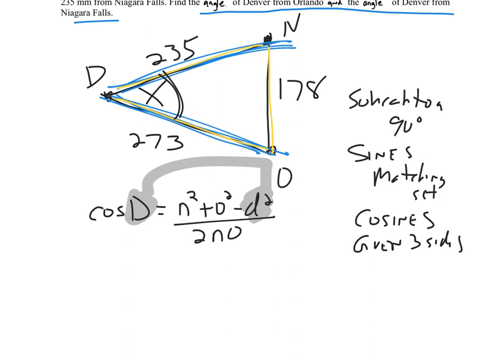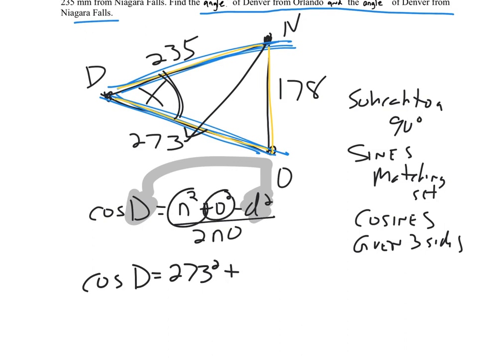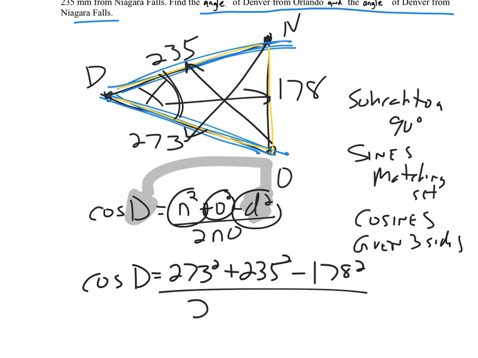So here I'm going to have the cosine of d equals n squared, so that's going to be the side opposite Niagara Falls, so that's 273 squared, plus o squared, so that's going to be plus 235 squared, minus d squared, so minus 178 squared, over 2 times n times o. 2 times 273 times 235.